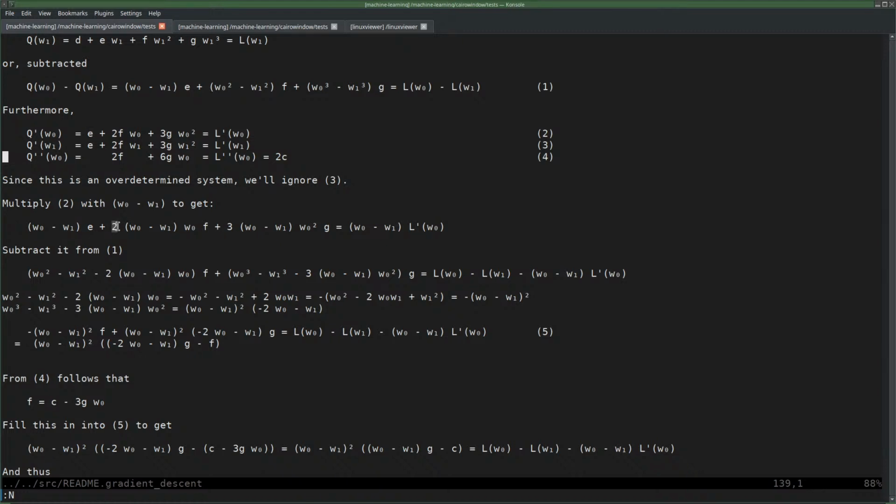Plus 2 times F times W0, and also times that factor. So yes. Plus 3 times G times W squared times that factor. Equals W0 minus W1 times that one.